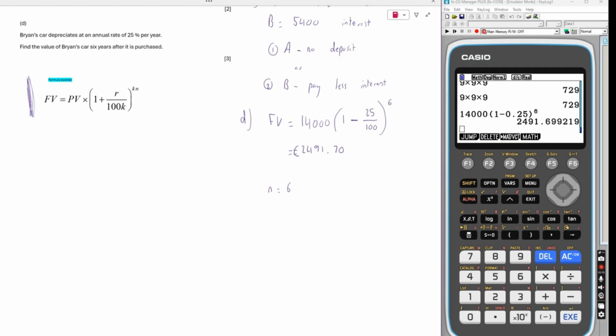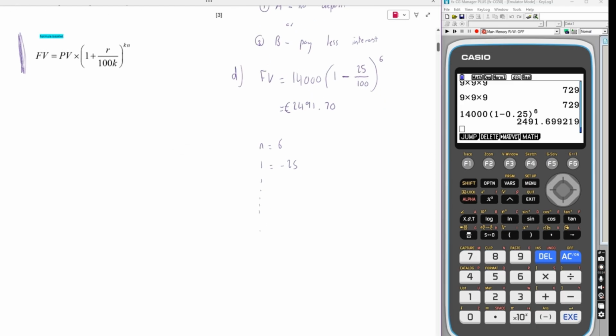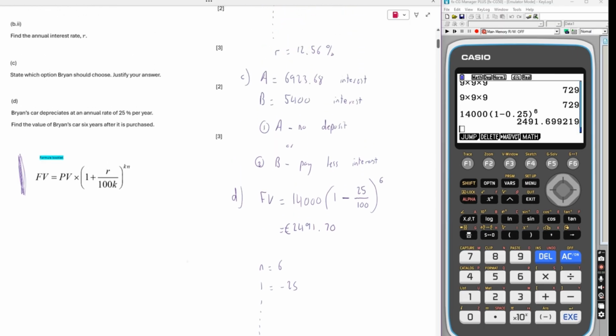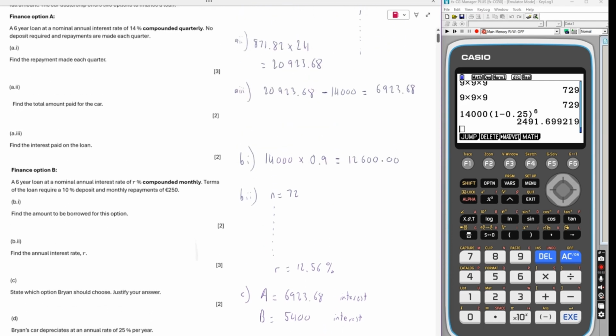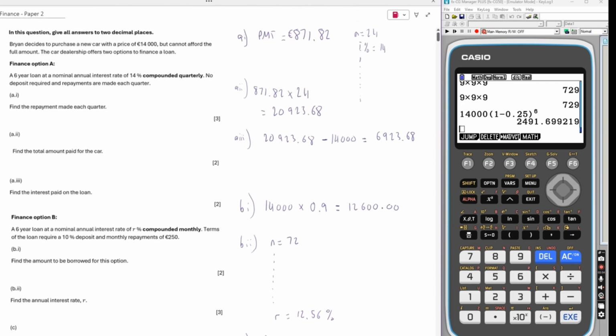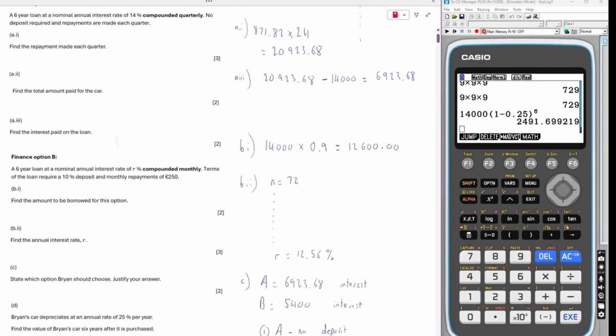N equals 6, interest rate equals negative 25, and all of the other different values, and you could put final answer 2,491.7, and that would get you full marks. So this type of question, you need to step it through step by step and lay out as much information as possible in order to get the full marks.